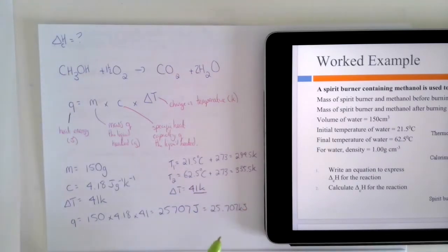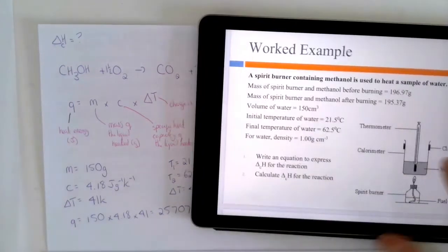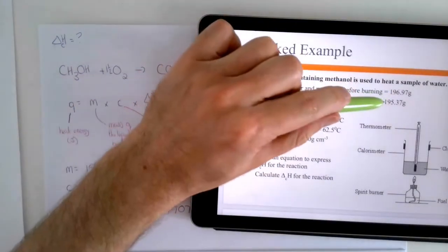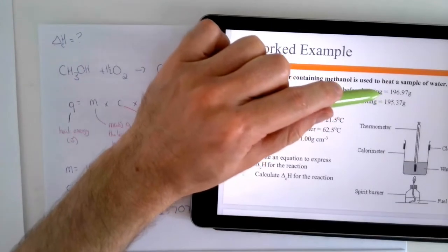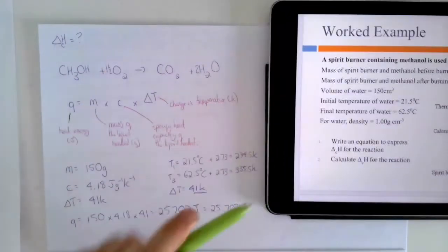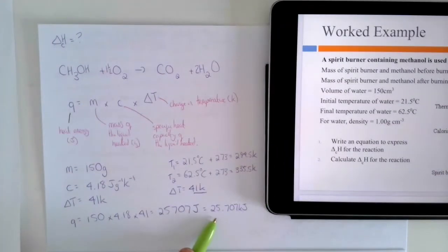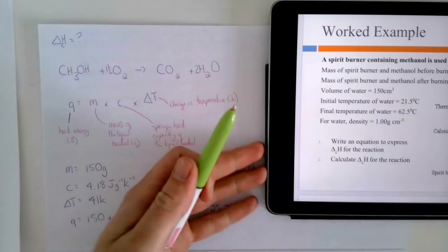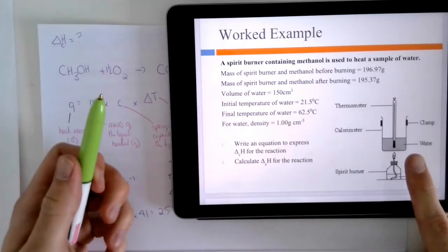So what does that actually mean? That's telling me that in burning that amount of fuel, 25.707 kilojoules of energy are released to the surroundings, in this case used to heat up the water.